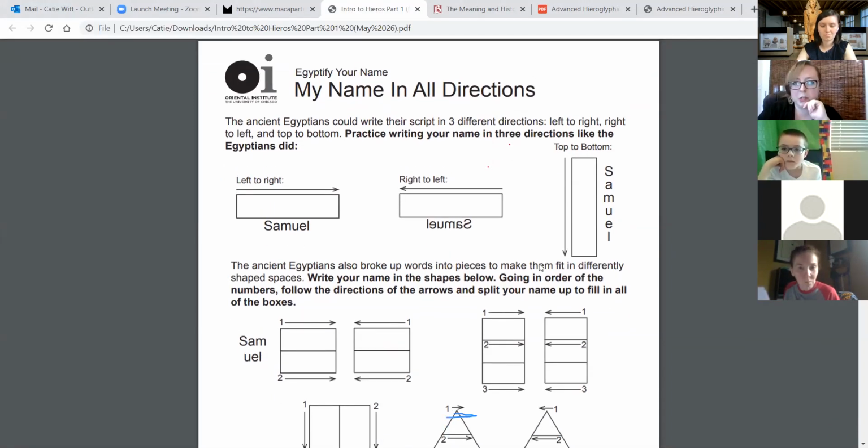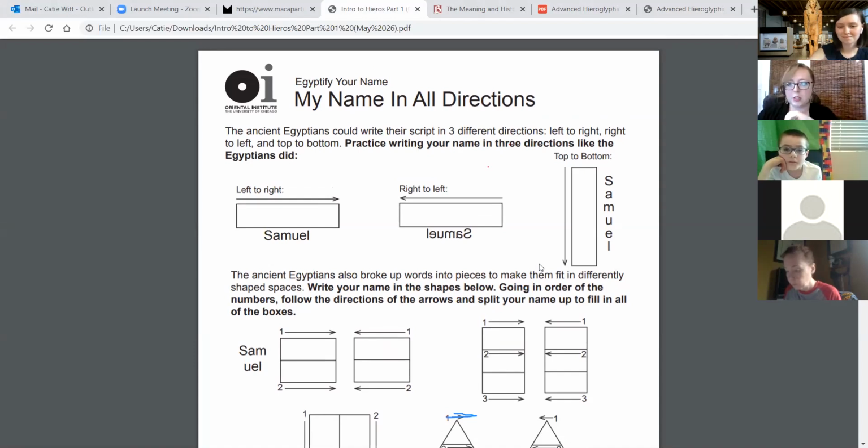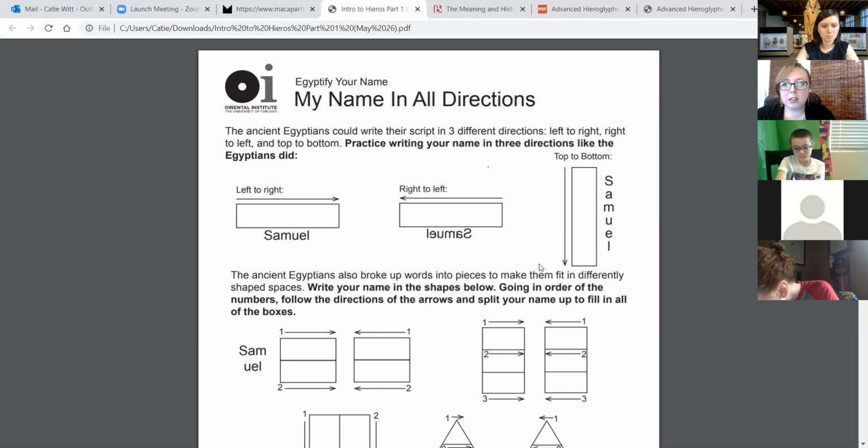I'm going to keep my screen shared here for a little bit so that we can see this, and I want you to follow along as best you can. If you don't have the printed sheets in front of you, you can have just pen and paper on the side. Something that's really fun about Egyptian hieroglyphs is that you can write them in a lot of different directions. The ancient Egyptians wrote them in all different directions for the most part.